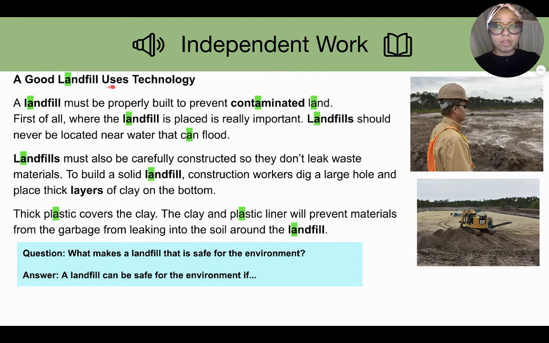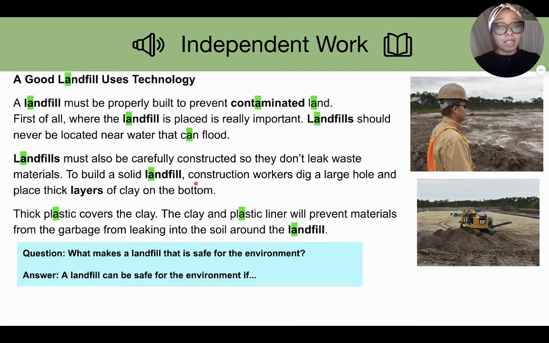A good landfill uses technology. A landfill must be properly built to prevent contaminated land. First of all, where the landfill is placed is really important. Landfills should never be located near water that can flood. Landfills must also be carefully constructed so they don't leak waste materials.